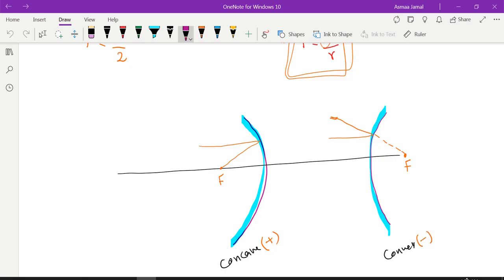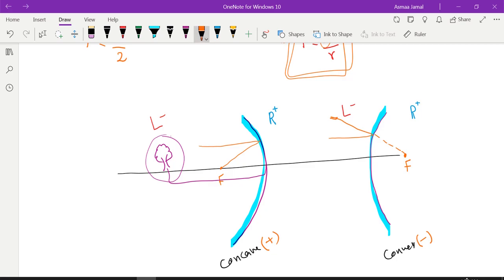So it has negative power. This is the mirror. Anything to the left of the mirror is negative for both convex and concave, and anything to the right side of the mirror will be positive. So the same way as lenses. If we have an object in front of the mirror, the distance between the mirror and the object will be negative, since the object is always to the left side of the mirror, or we say in front of the mirror.